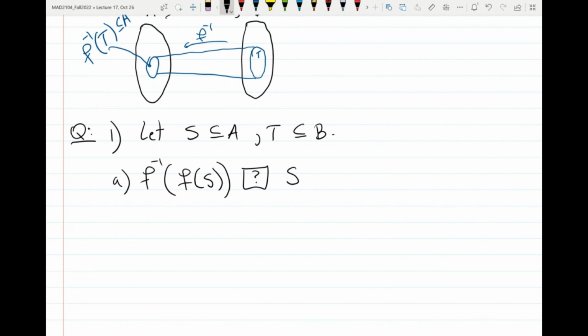So I'm essentially pushing S, but then going back. I'm basically doing that, going back. So my question is, what should go in this box? An equal sign, a subset sign, an inclusion. Does it come back smaller or does it come back bigger? There are three possibilities here: an equal sign, a subset sign, or the reverse.